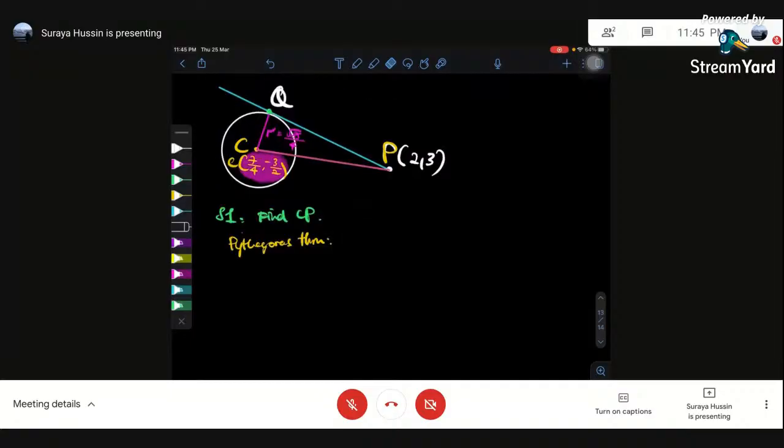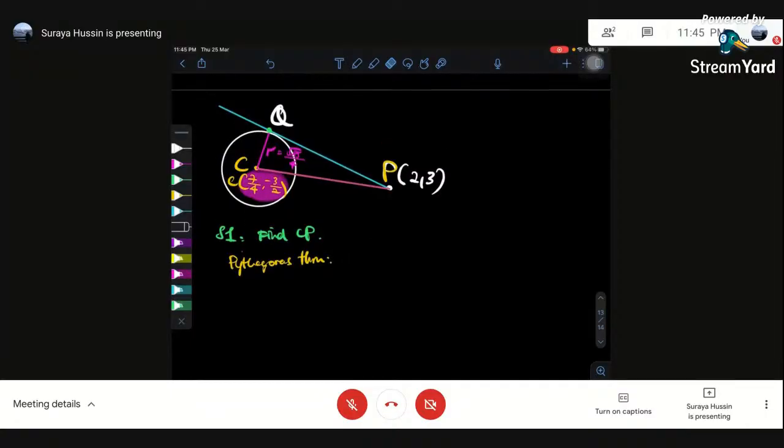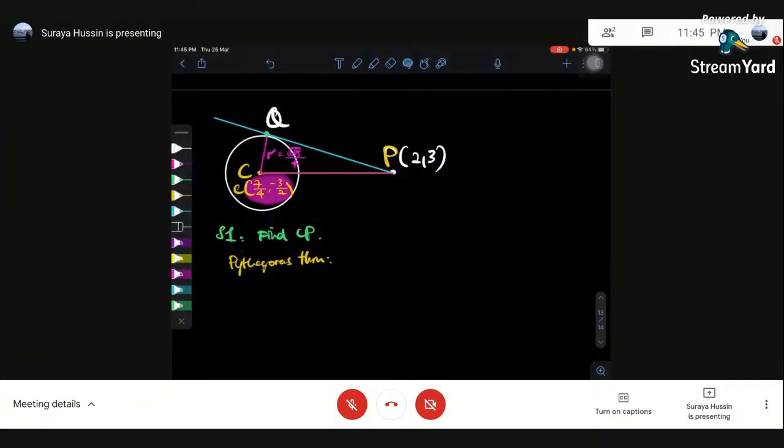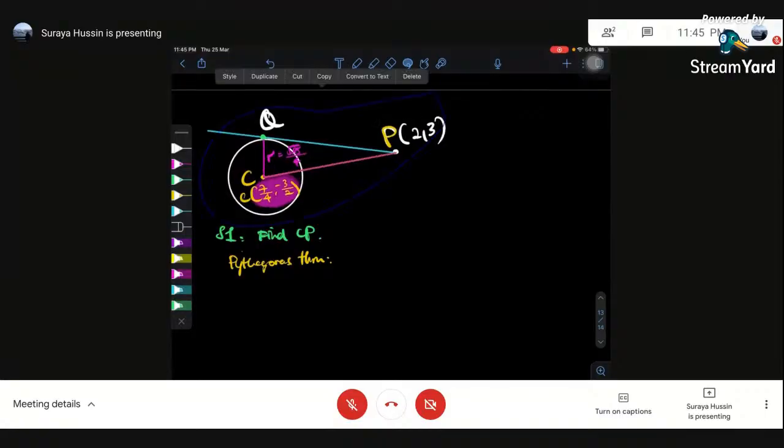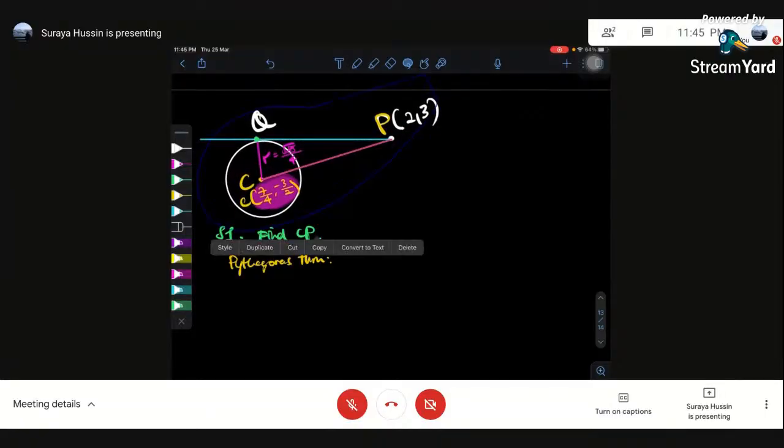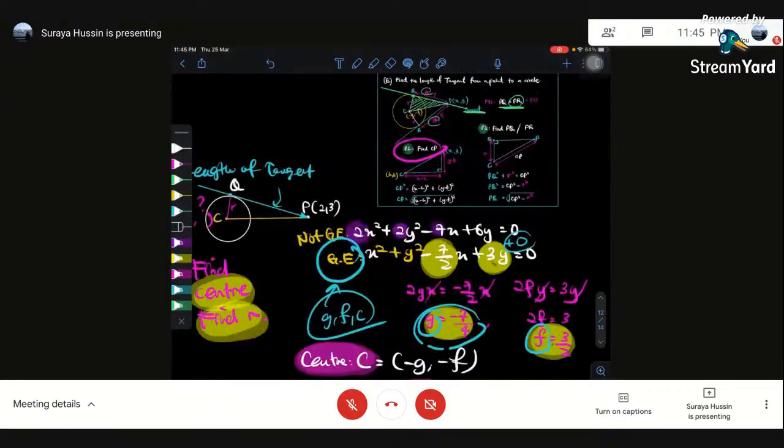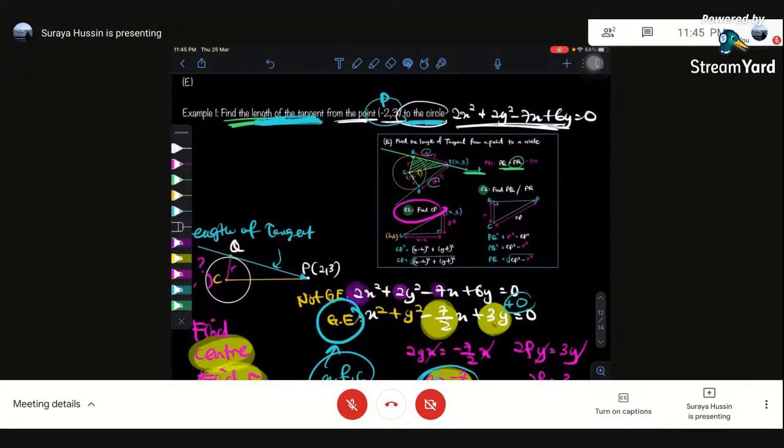Sebenarnya lukisan yang terbaik, okay, kat sini kena hati-hati. Lukisan yang terbaik untuk mencari line ni adalah you kena pusing dia sikit. Pusing macam ni. You kena ikut yang ni guys. Let me copy sekejap.